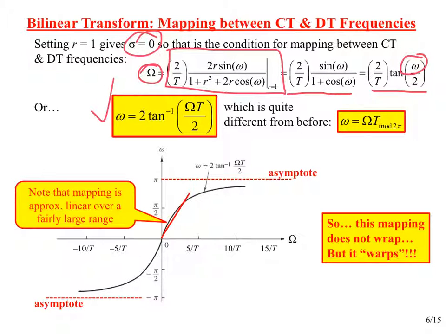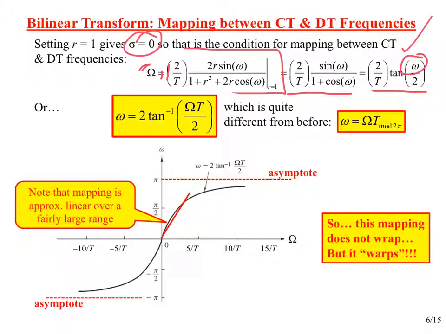And sometimes we'll use it with the inverse tangent, and sometimes we'll use it to go back the other way with the tangent. But this is telling us how the continuous time frequency, omega, maps to the discrete time frequency, little omega. And we can see that that mapping depends upon the choice of T, which for right now we can think of as a sampling rate.